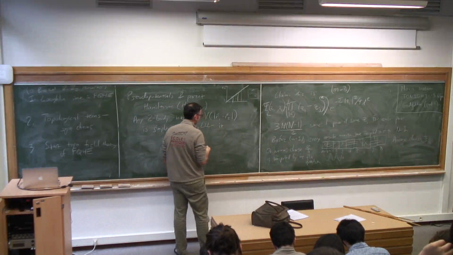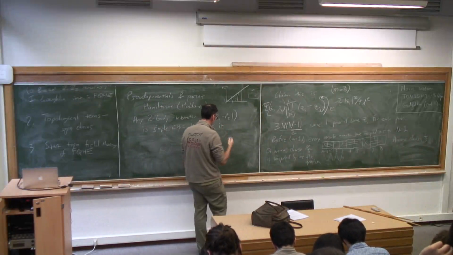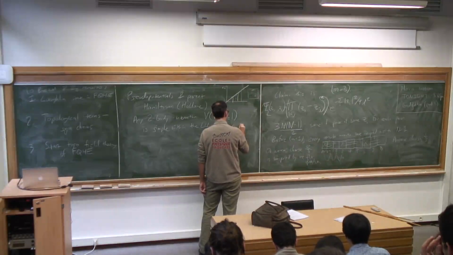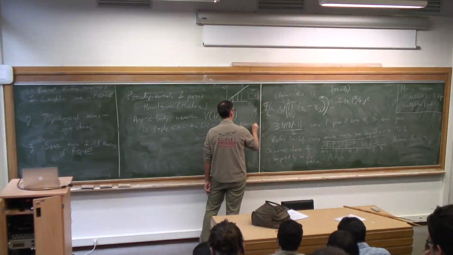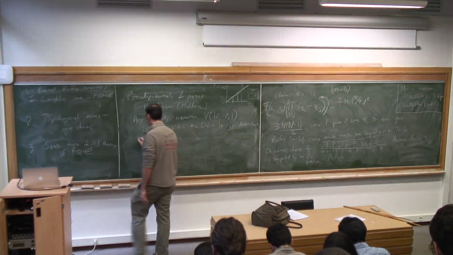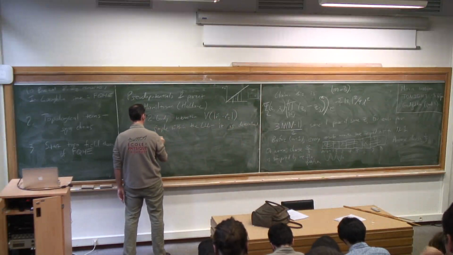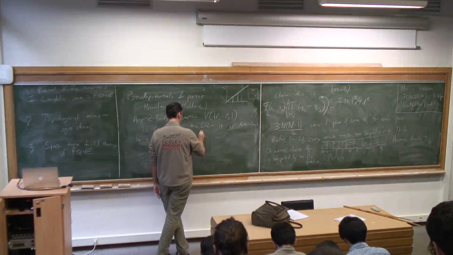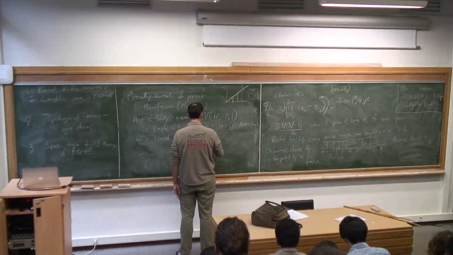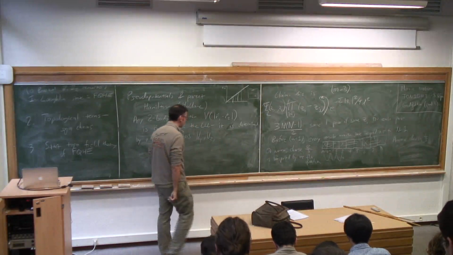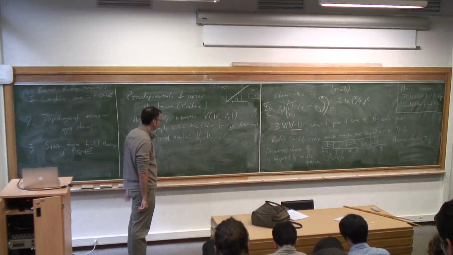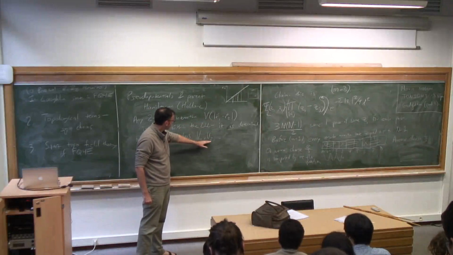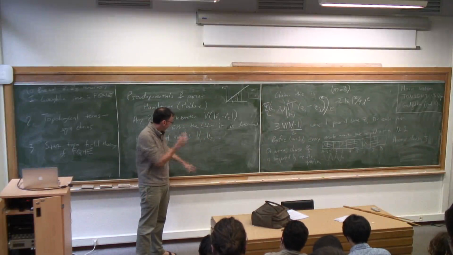It's fully determined, or its action within the lowest Landau level, I want to argue, is determined by a list of numbers V1, well, in principle, V1, V2, and so on. Some of these are 0, or some of these don't even matter because electrons are fermions. But the main point is I don't actually need a full functional dependence. I just need some numbers. Let me argue why that's true.